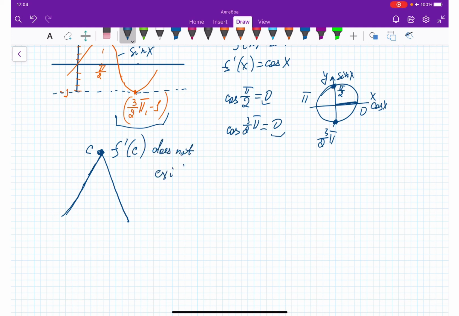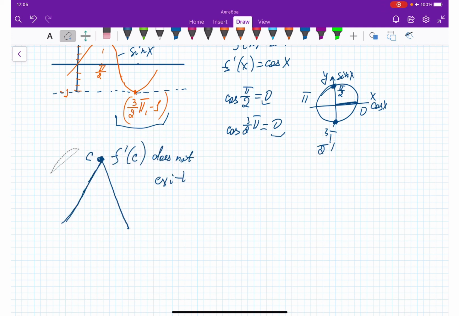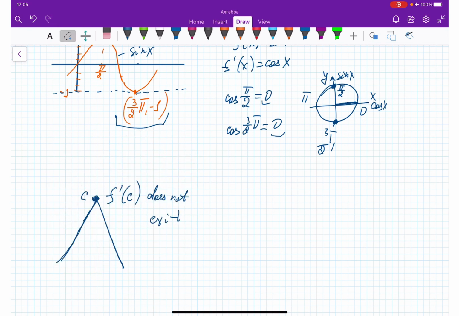So every time you see a sharp corner, then you know that there is no extrema at that point. But other than that, if we have a soft, smooth turnaround, then there is an extrema, and f prime of c does exist.